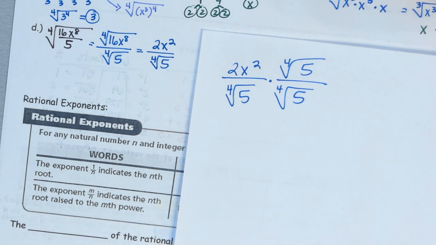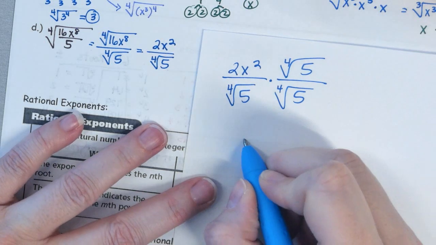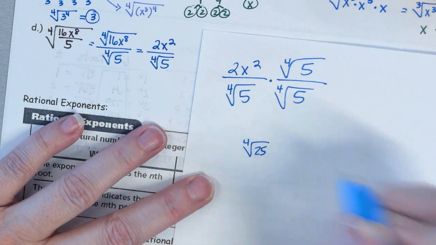Somebody who didn't have their hand up, do you guys have a different idea? It could have something to do with the fact that if those cancel out on the bottom, you just did times the square root of 5. Yeah, then this would be the fourth root of 25. Is that going to be a whole number?